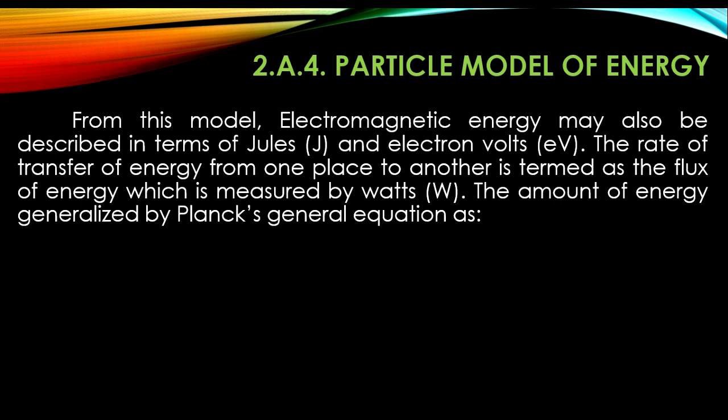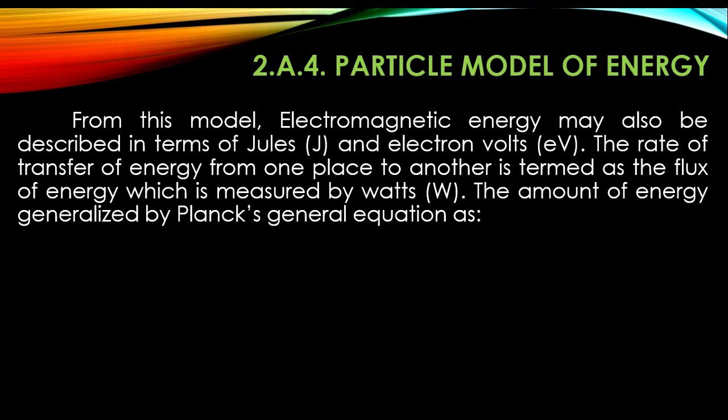Particle model of energy. From this model, electromagnetic energy may also be described in terms of joules and electron volts. The rate of transfer of energy from one place to another is termed the flux of energy, which is measured in watts.